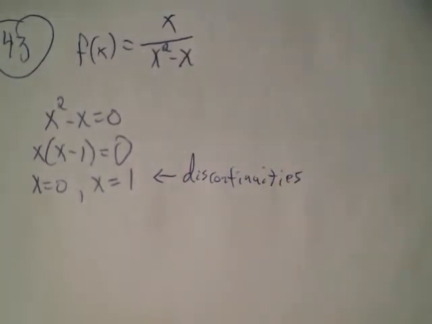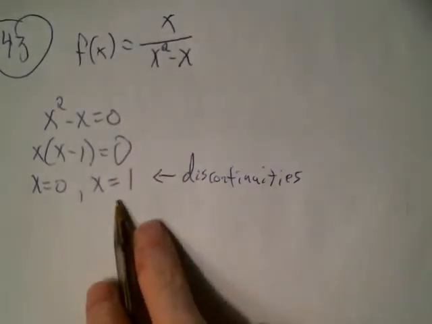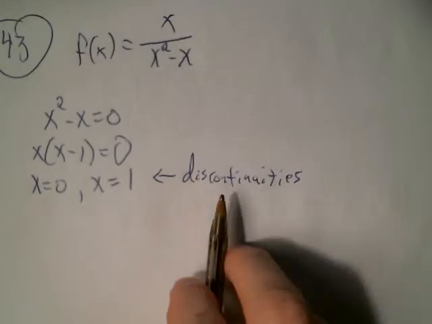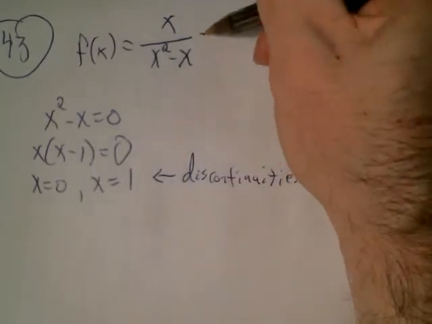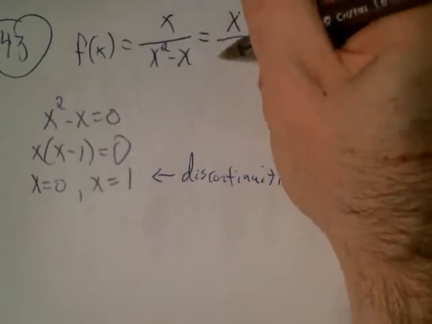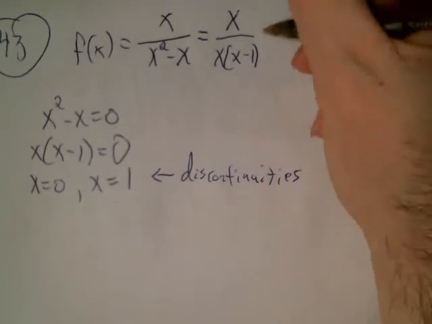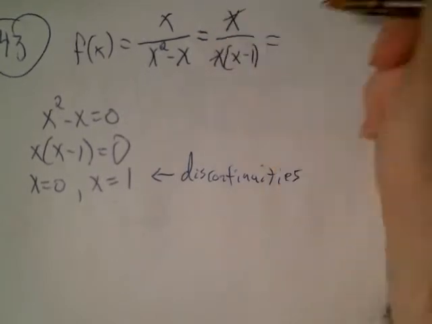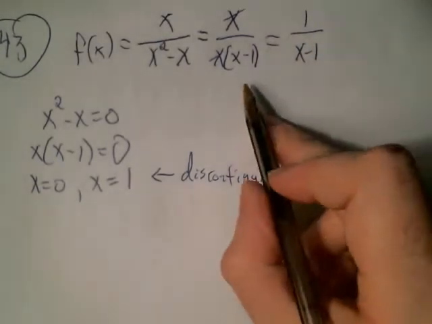Then we have to figure out if they are removable or not. If you plug in a value and get 0 over 0, an indeterminate form with these rational functions, it's going to be considered removable. What am I saying? If you could rewrite it as I'm doing right here and then just remove it, it's considered a removable discontinuity.